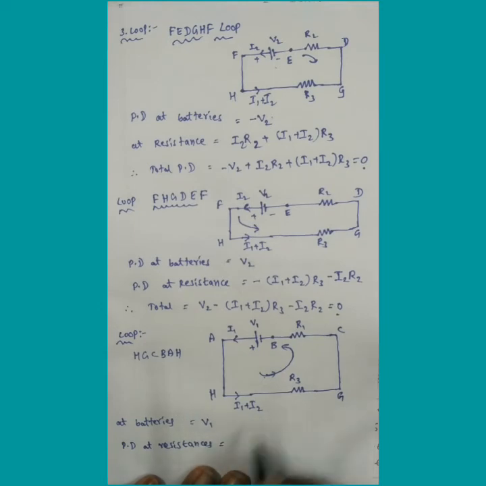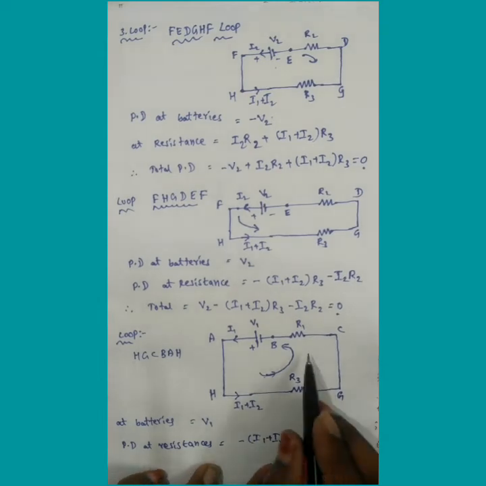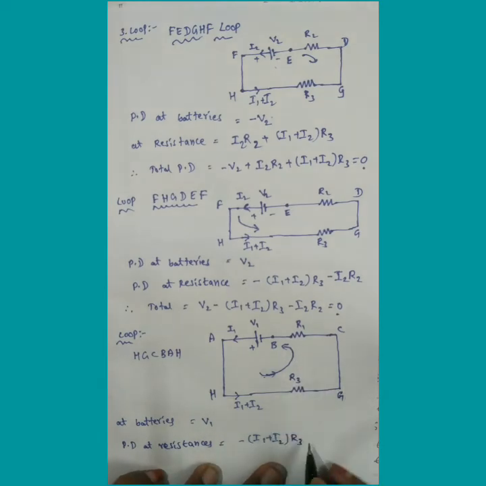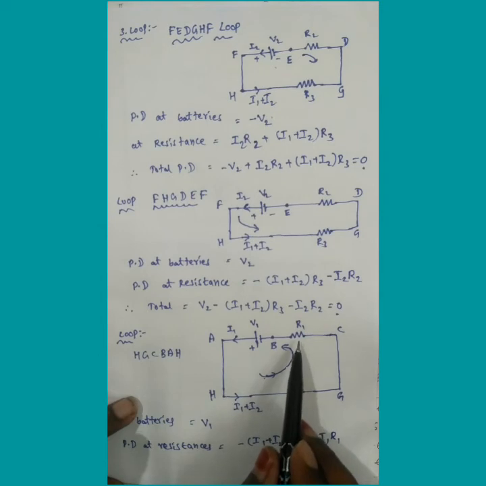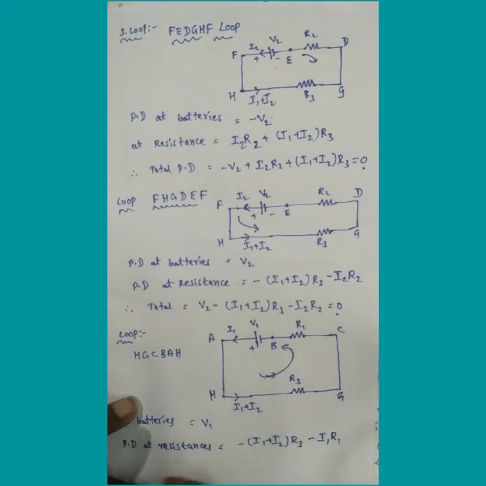That means here at the resistor R3, minus (I1 plus I2) into R3, and this is also the same. What is the current there? I1. And what is the resistance? R1. This is minus I1 R1, the potential difference at the resistor R1.